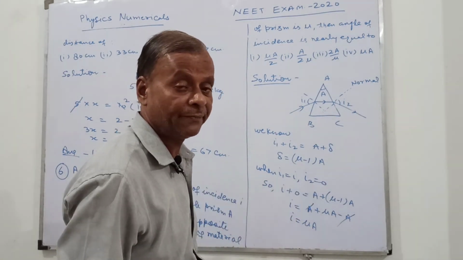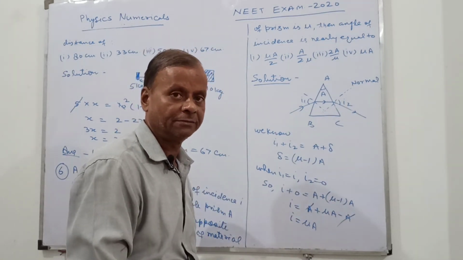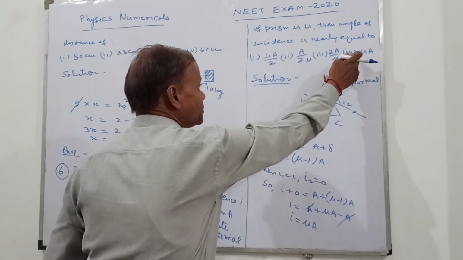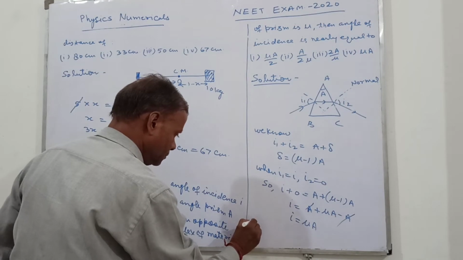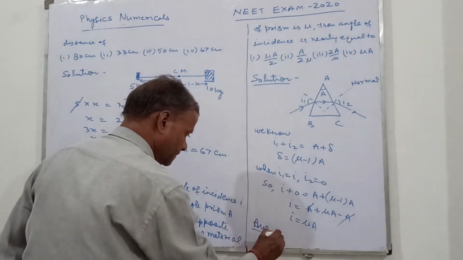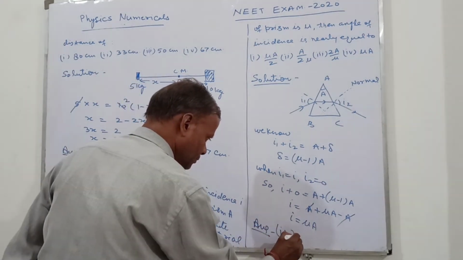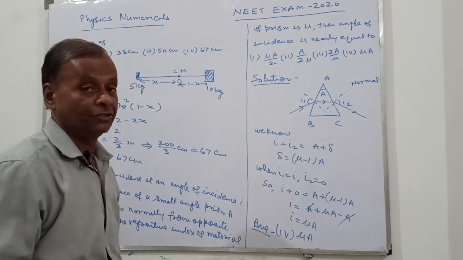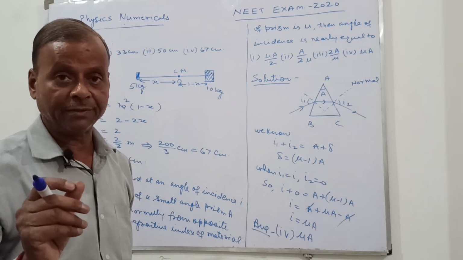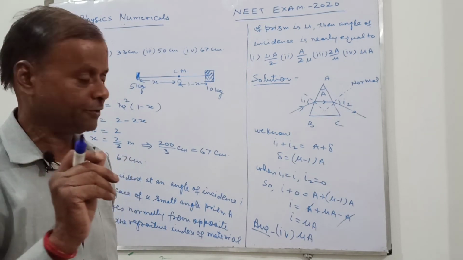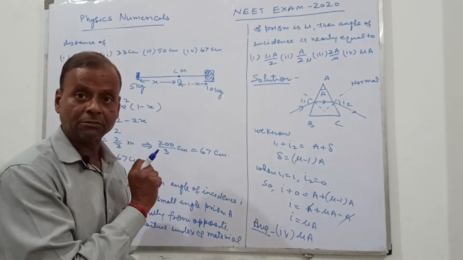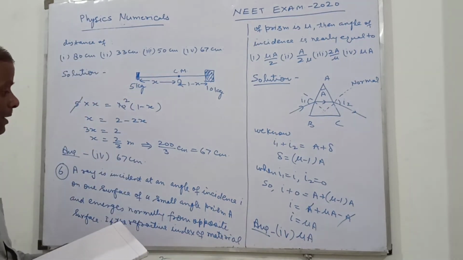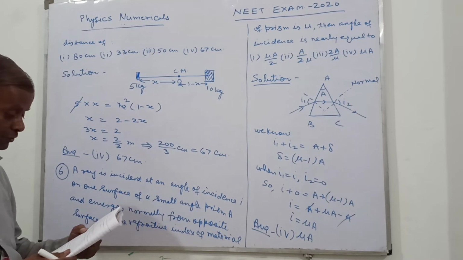This is the main thing you have to keep in mind. Then you can find I equal to mu A. So the right answer is fourth, mu A. In this way, just by having a clear concept, you can solve this numerical. So this is question number 6, and now I am taking question number 7.